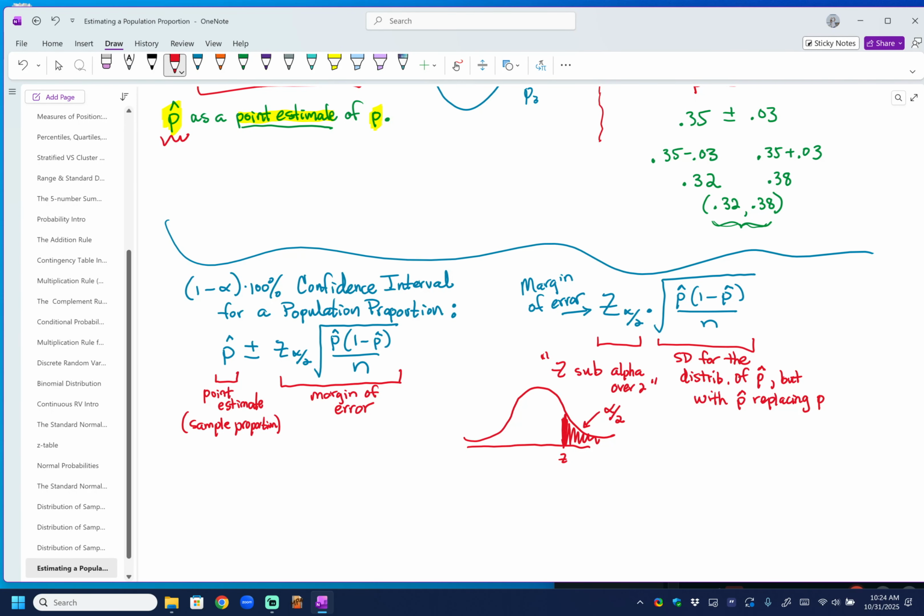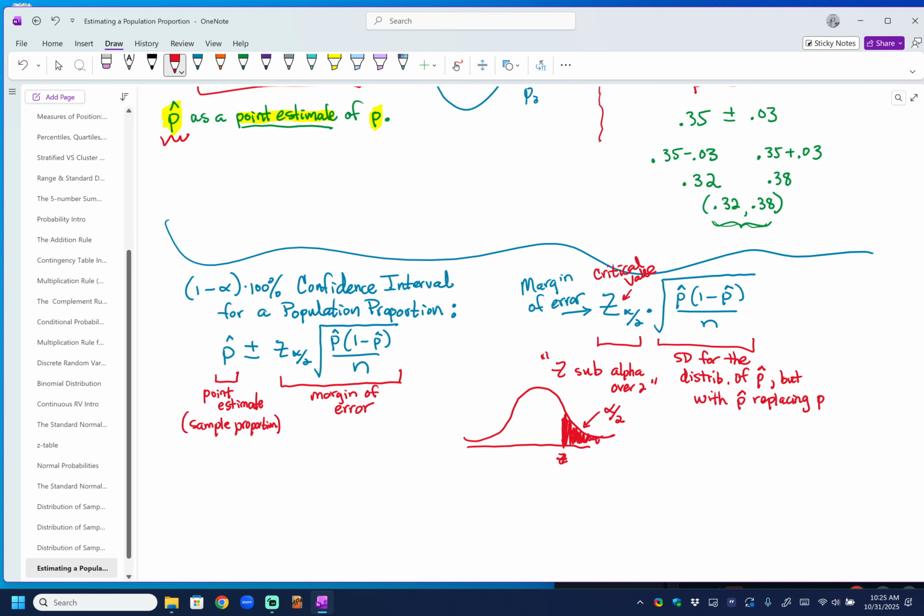Thankfully, though, we have easier means for finding this value than having to calculate this value of z every single time. And note, this specific textbook calls this value of z a critical value. So I will be referring to this as a critical value, the whole thing, by the way, not just the subscript, from here on out.